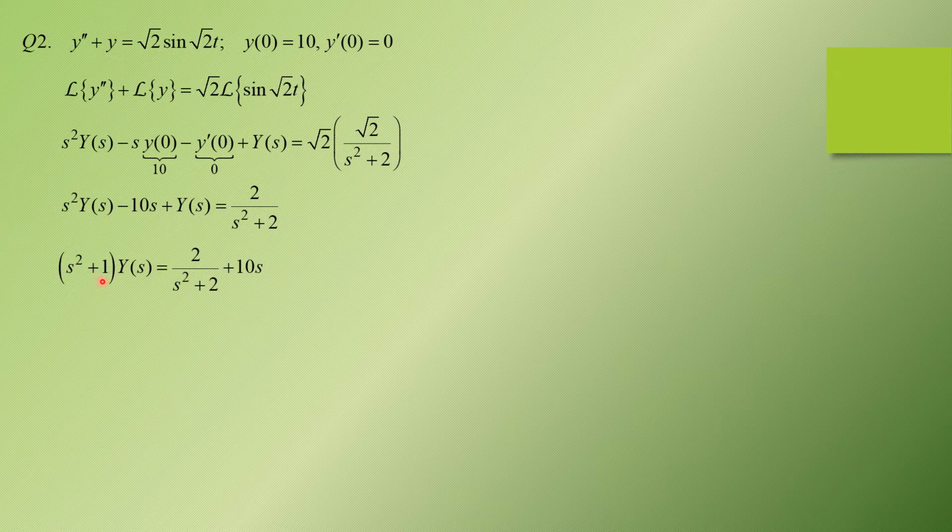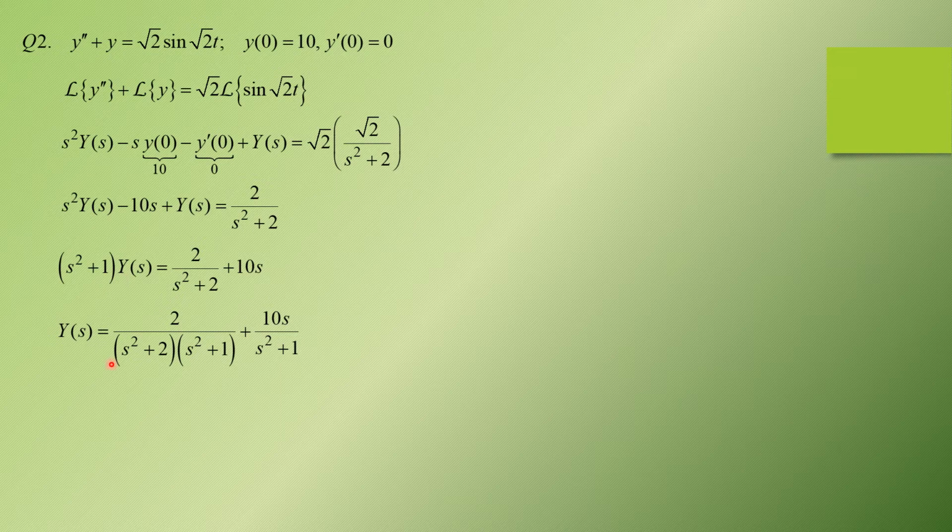So this differential equation has now been transformed into an algebraic equation in s. The next step is to solve for Y(s), so we need to get an expression for Y(s). How to do that? We have to divide everything by the coefficient of Y(s), which is s squared plus 1.